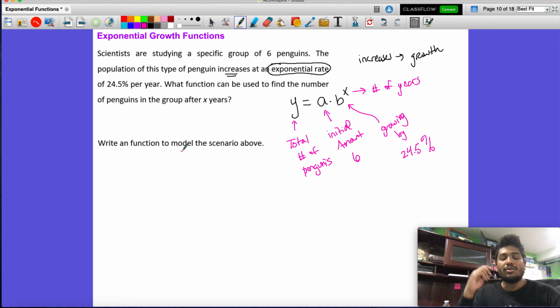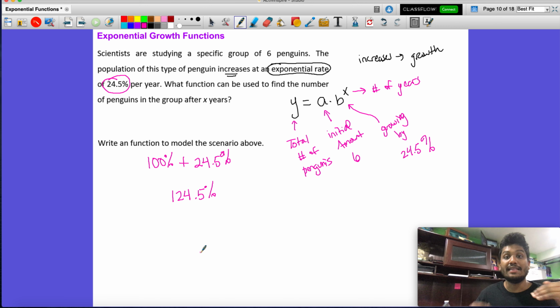Now to grow, if we're increasing this by 24.5%, so if we're at 100% right now and we're growing by 24.5%, that means every year we are increasing to 124.5%. Okay, that's our growth rate. Our B would be 124.5%.